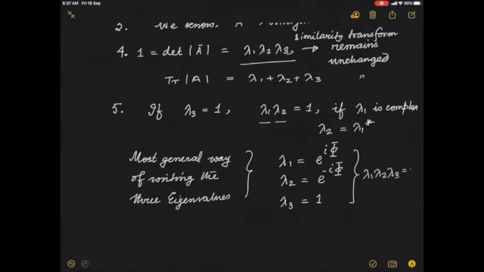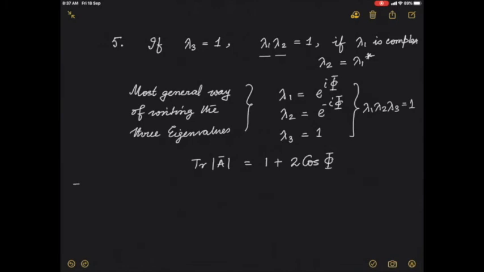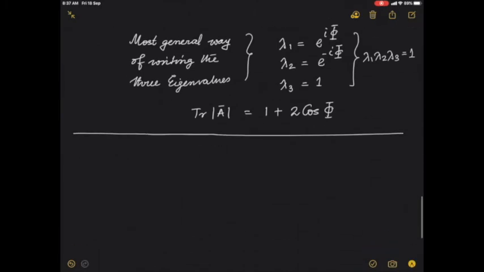In that case, it is automatically satisfied that lambda 1 lambda 2 lambda 3 equals 1. And in this case, the trace of A is 1 plus e to the i phi plus e to the minus i phi, which is 1 plus 2 cos phi. Okay, so these are the things that I am going to get shortly.